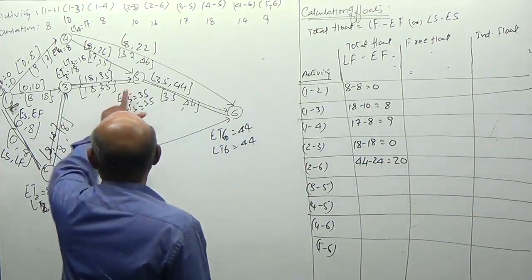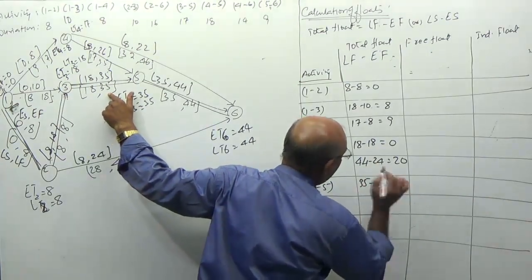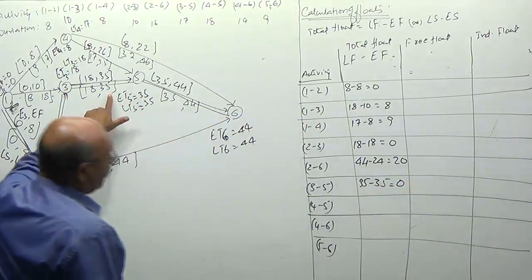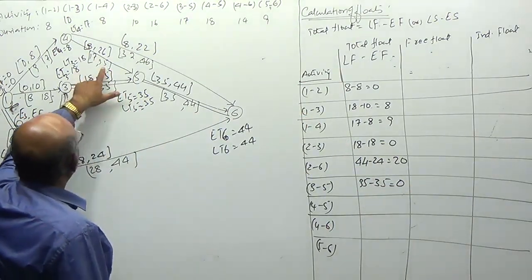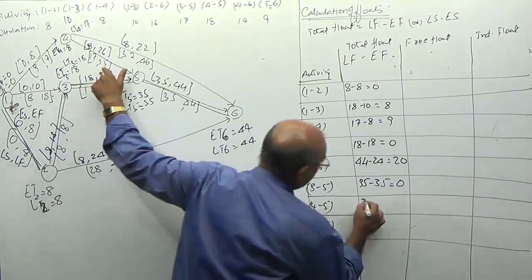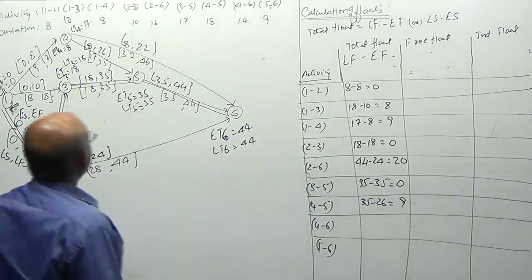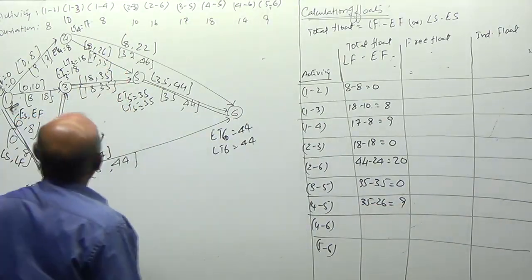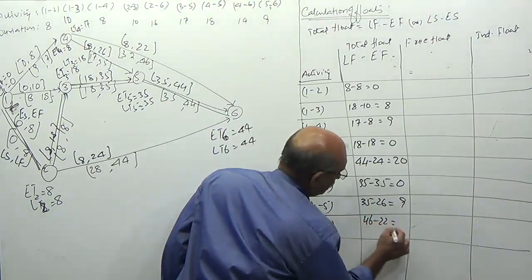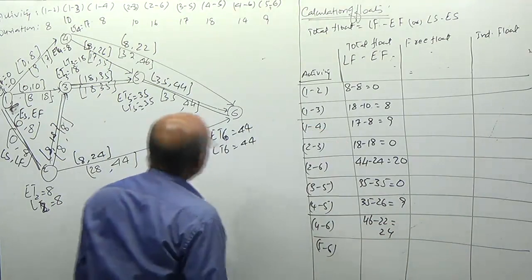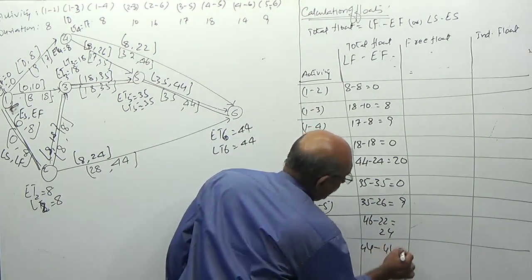Next, 3 5. 35 minus 35 is equal to 0. Next, 4 5. 35 minus 26 is 9. Next, 4 6. 46 minus 22, 24. 5 6. 44 minus 44. This is 0.